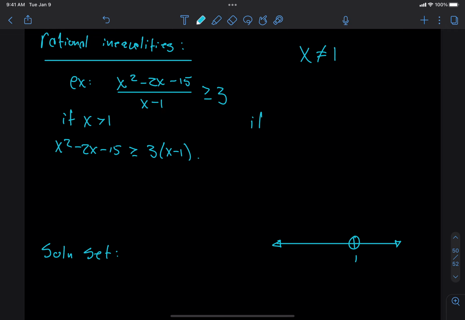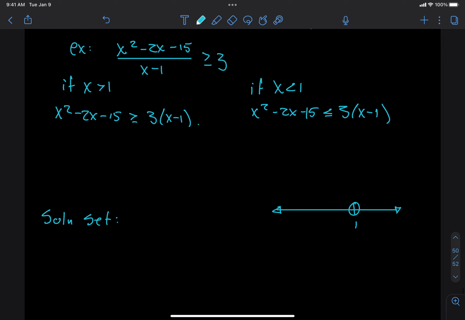And then if x is less than 1, then we're going to get a different inequality. And I might be butchering this. We'll see. 3 times x minus 1. Okay. Well, let's just go through and see what we get. And then we'll adjudicate this later. I think it might be possible that we just need to do this one, but we'll see.